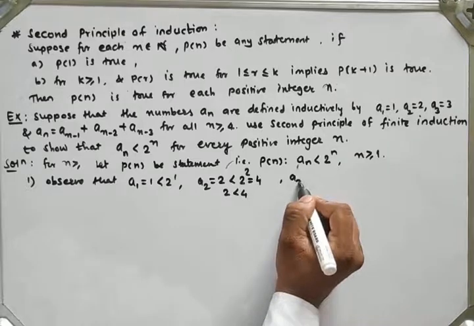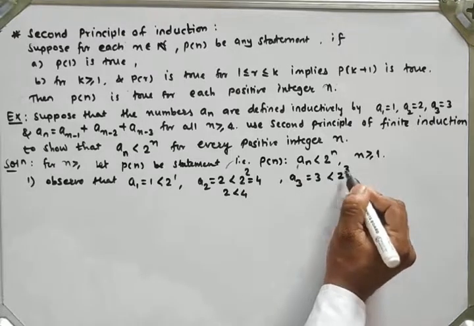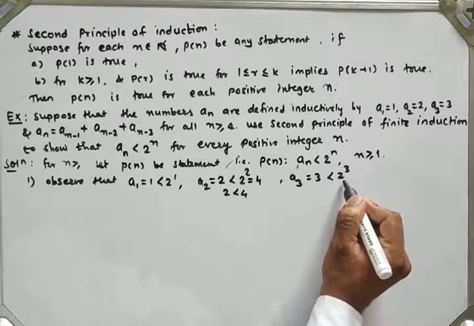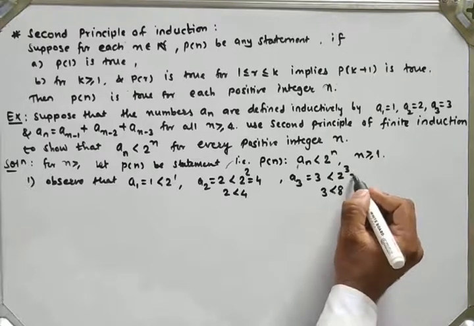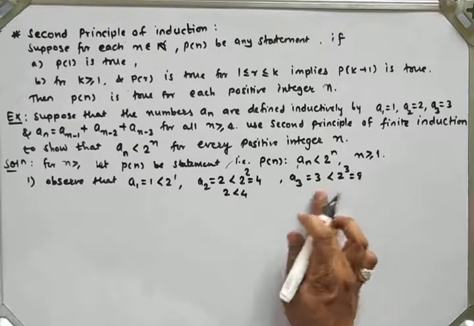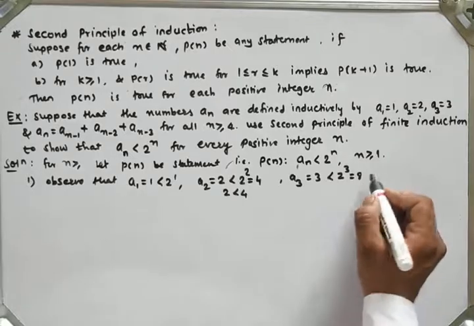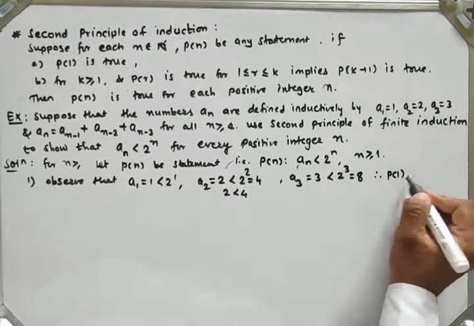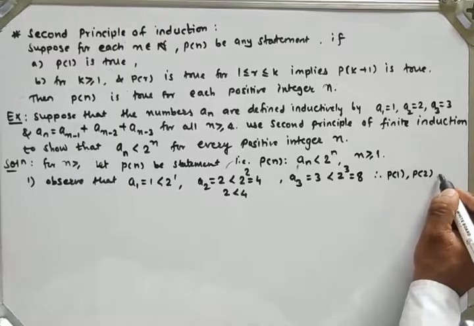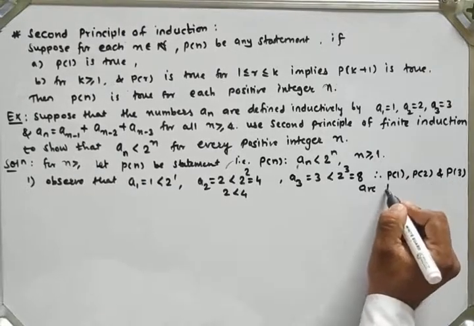Also a3, which is 3, is less than 2 cubed, which is 8. Therefore P(1), P(2) and P(3) are true.